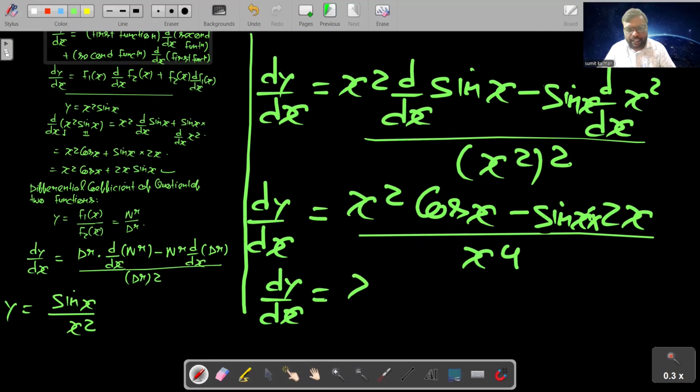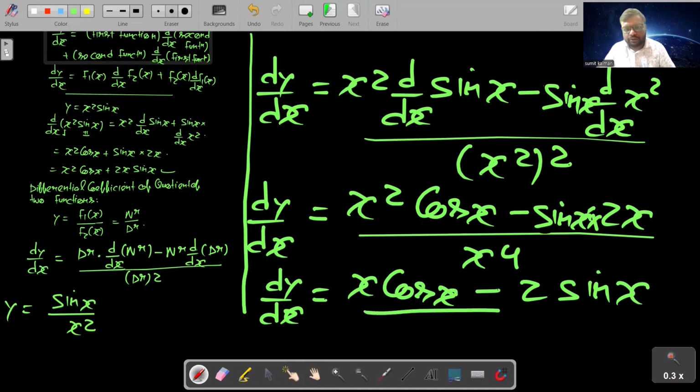So here dy upon dx will become x cos x minus 2 sin x upon x cube. So this is the differential coefficient of sin x upon x square. In this way you have to solve. Don't be confused between numerator and denominator. This is the rule to find it.